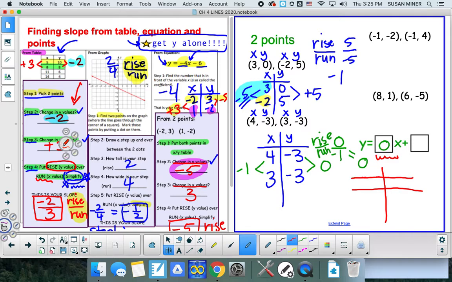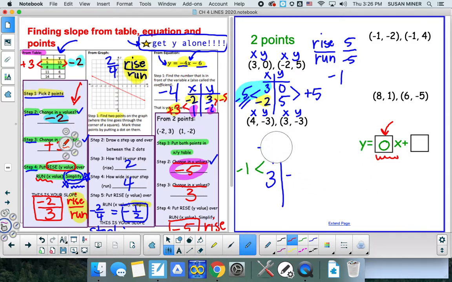And so any line that's flat, not increasing or decreasing, is going to have a 0 slope. So there is an example of what you might see in order to get a horizontal line. My slope will be 0.